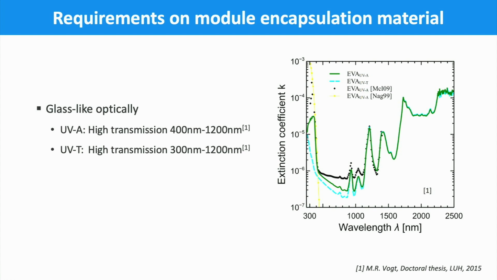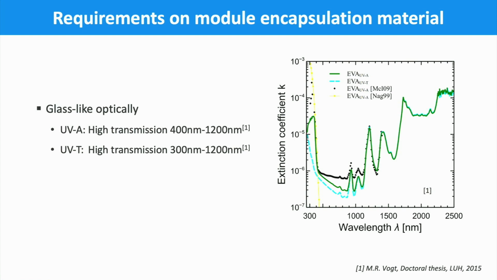Note that the UV absorption is usually caused by additives in the encapsulation material rather than the base material. The UV absorption can be used to protect the surfaces of the solar cell from degradation caused by the high energy UV photons. More on that can be found in the reference literature.